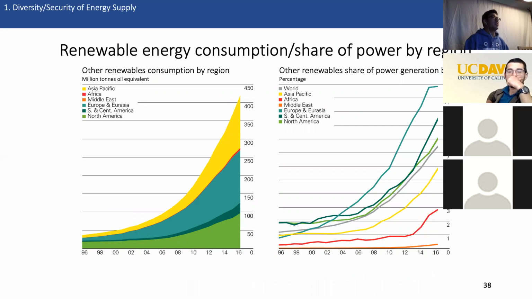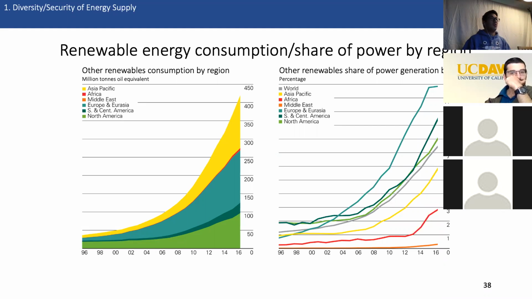This is a higher level view looking specifically at renewables, so solar, wind, hydro, geothermal in different countries. The main gist here is that over the last 2 decades, we've seen a really rapid growth in renewable energy production and consumption.